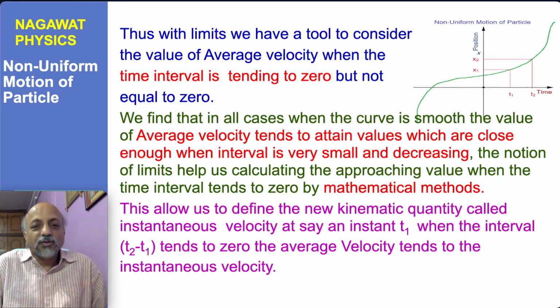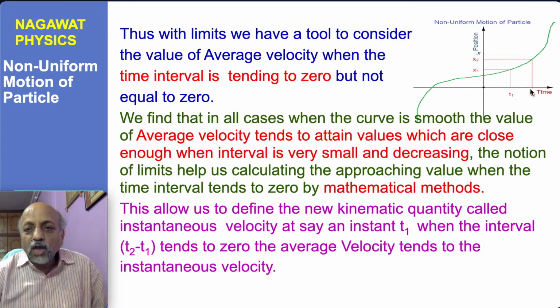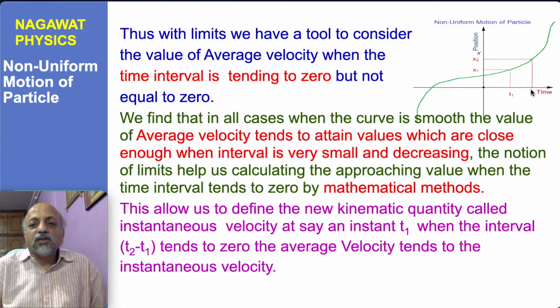But what we find is that when we decrease t1 minus t2, if I move t1 towards t2 and make the change as small as I can, then when t1 minus t2 becomes extremely small, the average velocity approaches a particular value.